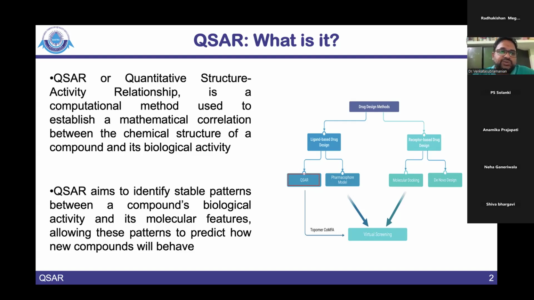That is why we call it a quantitative structure activity relationship. Basically, we use the activity of the compounds and their correlation, and we quantify it. We use some sort of quantification methods to find the correlation between the activity and the structure.